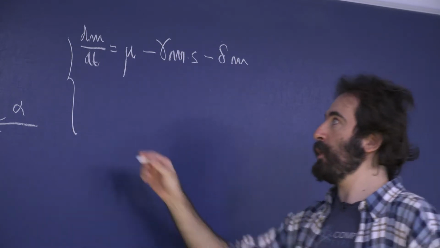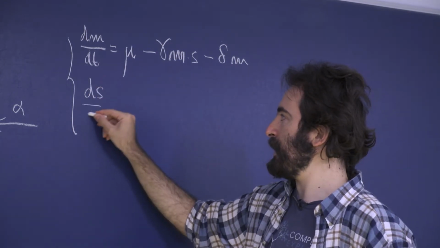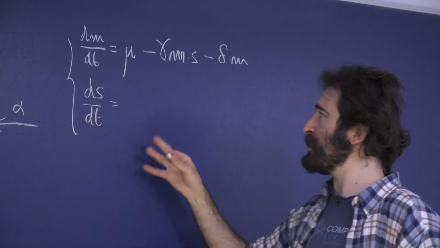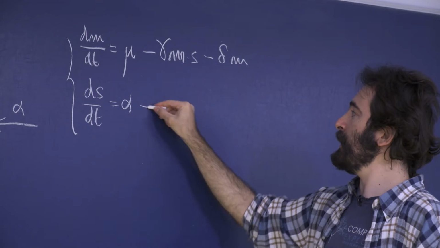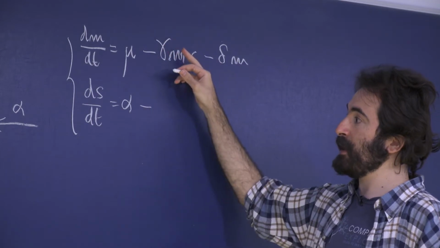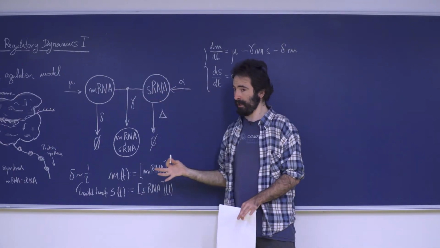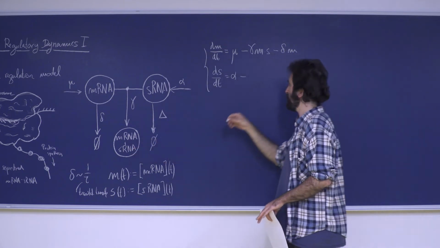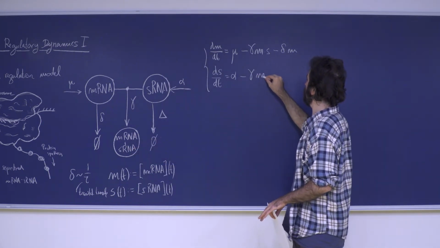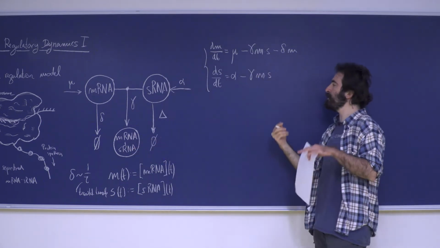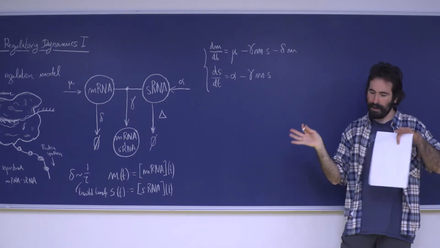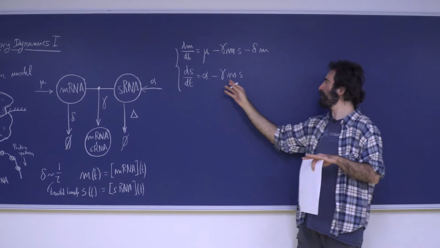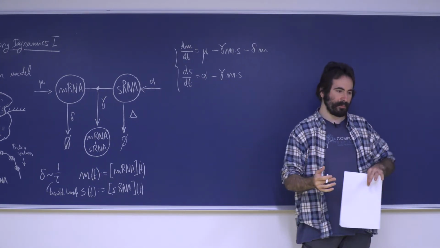Great. Now, if we look at the equations for the sRNA in the system, they look pretty much similar. Alpha is the introduction rate, right? The sequestering interaction is going to work symmetrically. They are both being sequestered here. So we're going to have the same term. If you want to be a little bit more sophisticated, you could say, well, maybe there are multiple sRNAs binding to the mRNA, and therefore this constant here should be a different constant.